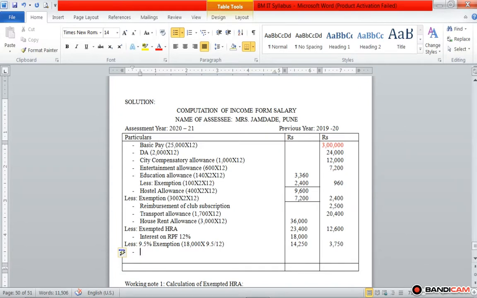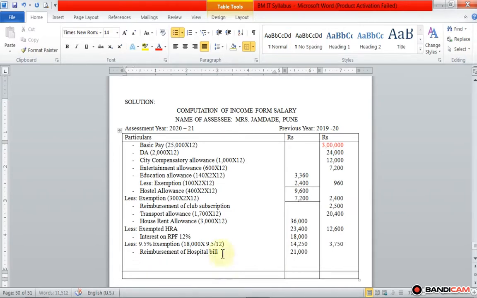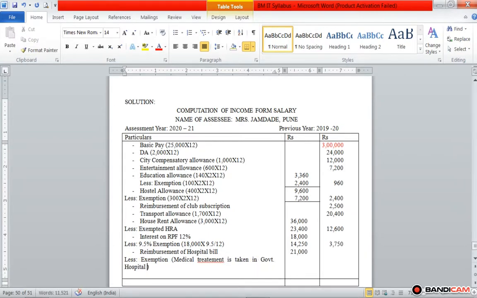So here, reimbursement of hospital bill amounting to rupees 21,000, less exemption, as medical treatment is taken in a government hospital, 21,000. In the outer column the amount is nil.